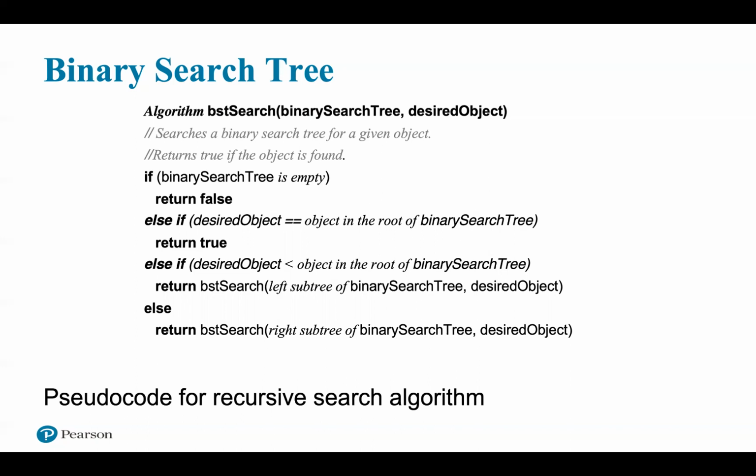We find that Jim is less than Megan. We search Megan's left subtree next and find Jim. To search for Laura, we would compare Laura with Jared, then with Megan, and then with Jim. Since Laura is greater than Jim, we would search Jim's right subtree, but the subtree is empty. So we conclude that Laura does not occur in the tree.